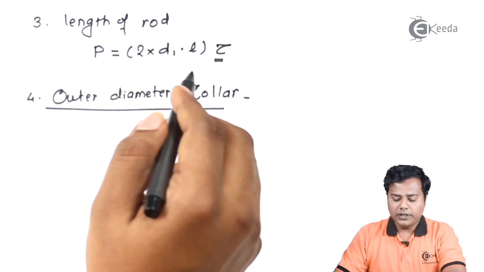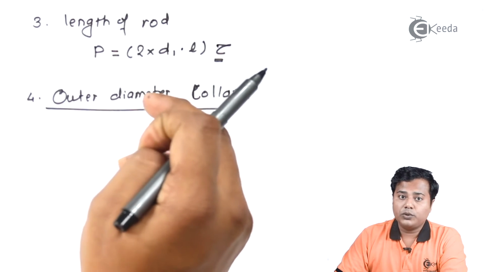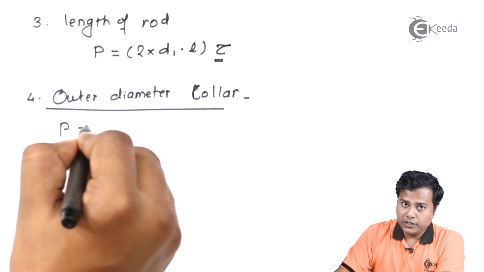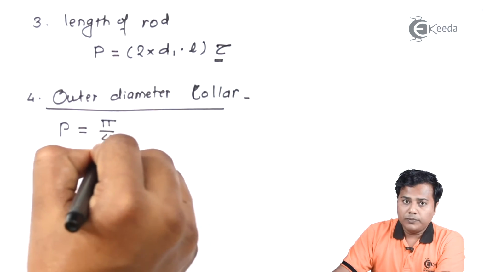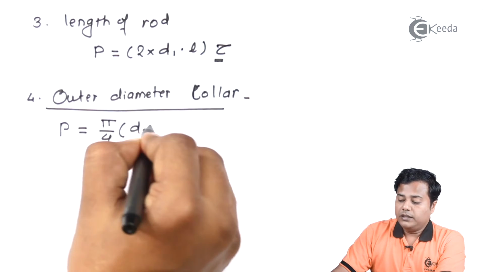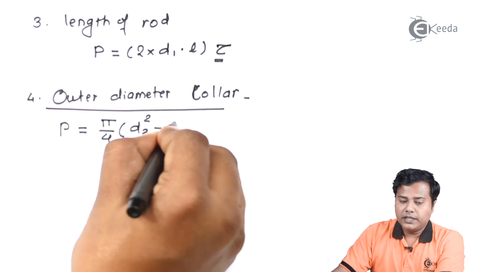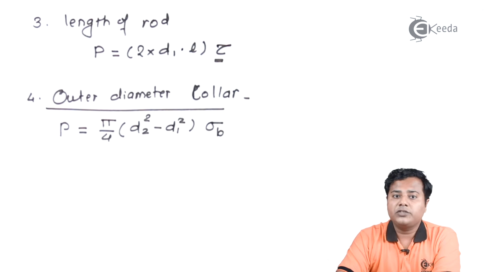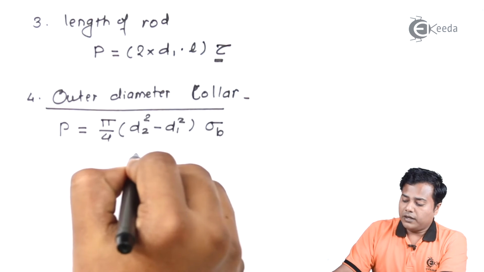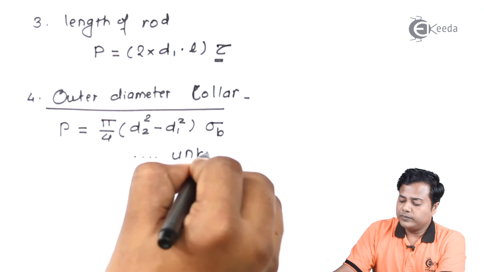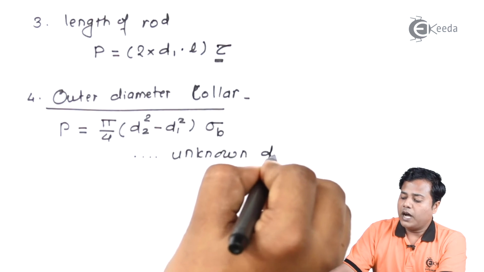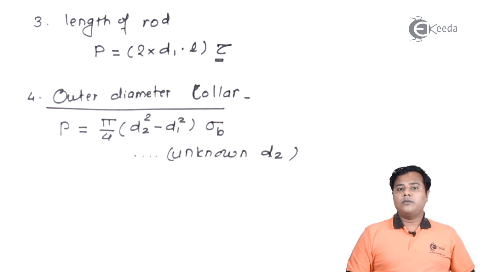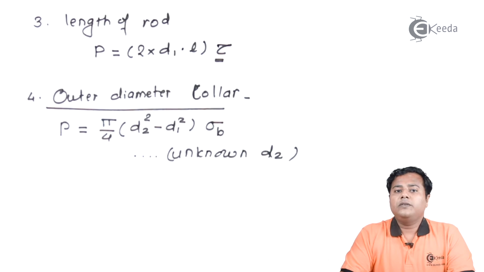To find out the collar diameter, we know that the collar is also going to have a rupture, and hence it will be defined in terms of P, the acting load, equal to pi by 4 into outer diameter square minus inner diameter square into crushing stress, where the unknown here is going to be outer diameter D2. So using this formula, someone can go for the design of spigot.